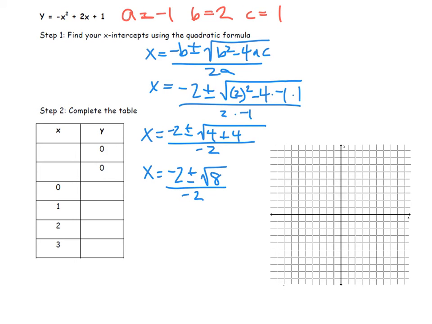All right, how are you guys doing? We should have x equals -2 plus or minus the square root of 8, all divided by -2.